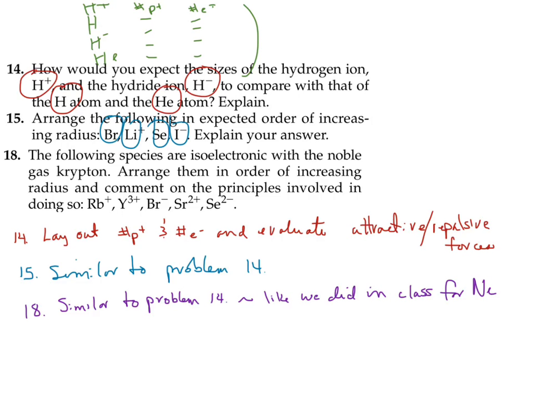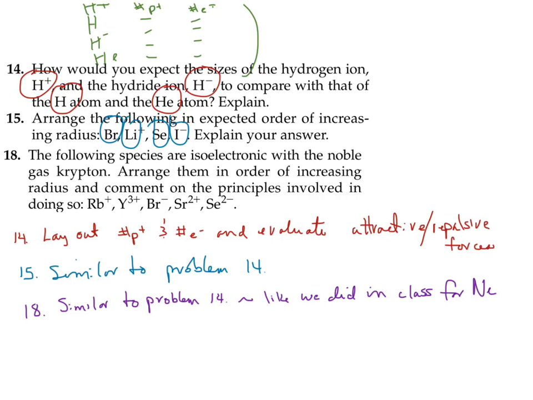So 15, in blue there, C problem 14. Now it's the neutral bromine atom, the lithium cation, the neutral selenium atom, and the chloride anion. Again, I would list them. To me, that's just an easy way to take a bird's eye view at it and think of the attractive forces and repulsive forces. And the last one, I haven't checked this, but I think those are all isoelectronic with something.